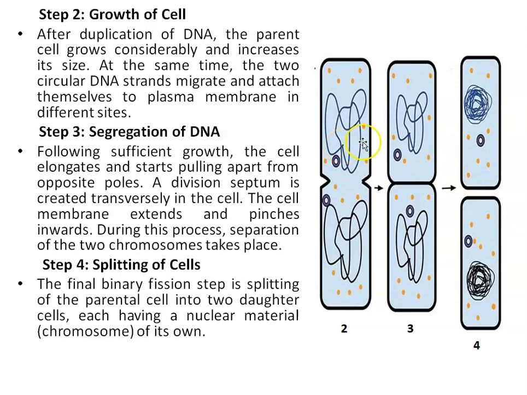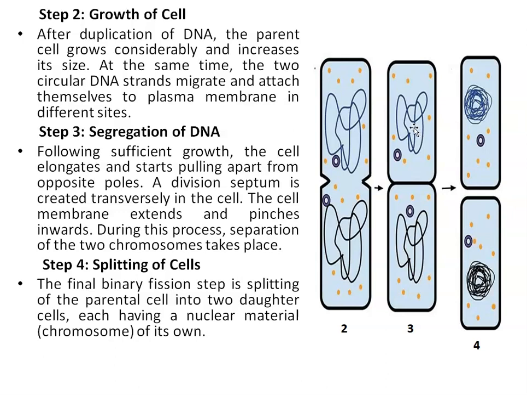Third step, segregation of DNA. Following sufficient growth, as in the second step, growth of the cell, the cell elongates and starts pulling apart from opposite poles.